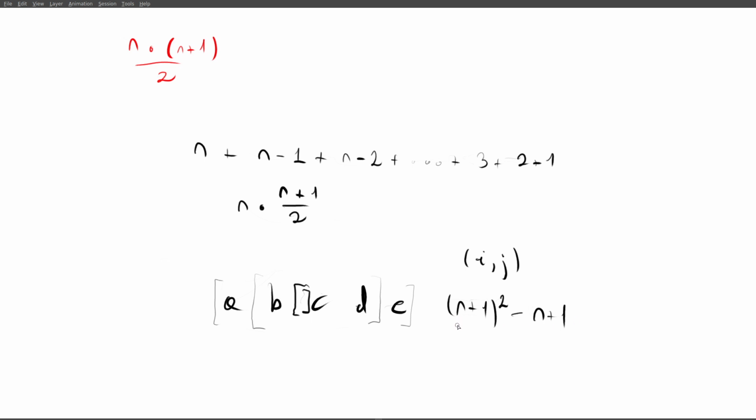And another problem, even when i and j are not equal, is that perhaps j is to the left of i. So we would have something like this is the left one, and this is the right one. So it's also incorrect. But luckily we can notice that now that i and j are different, then for every correct one, if we swap them around, we get an incorrect one, and if we swap them around again, we get the same correct one.